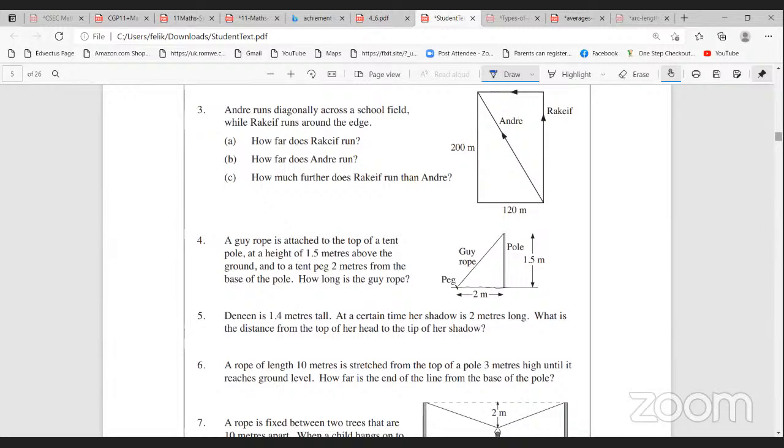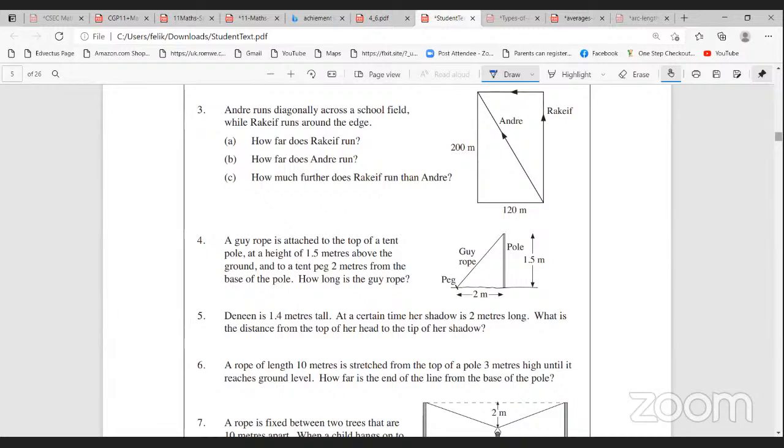So the guy rope would be what? Is it the height or the hypotenuse? It is the hypotenuse, miss. Why do you say it's the hypotenuse? Because it's the longer side. Longer side, all right, that's fine.